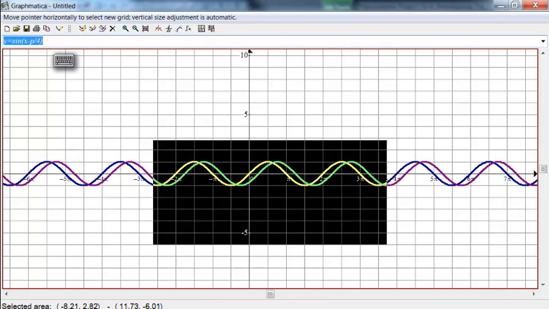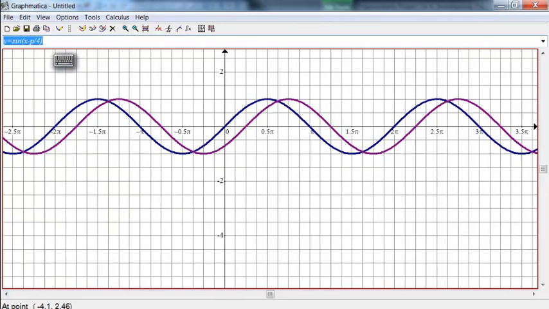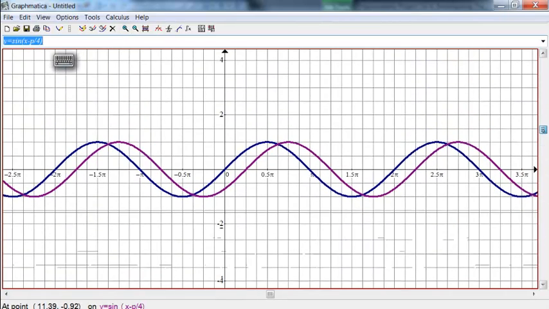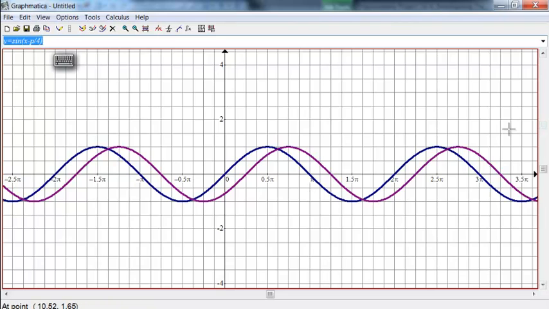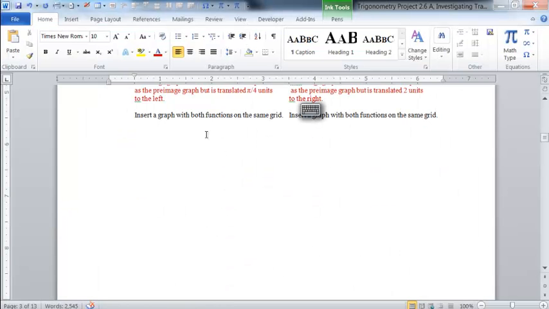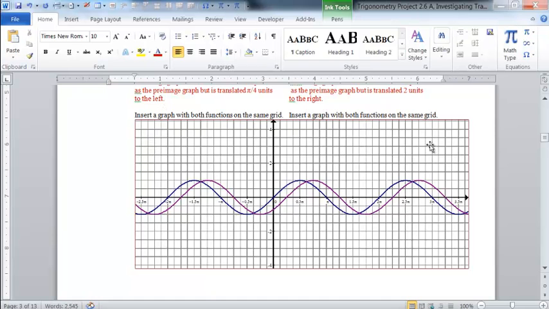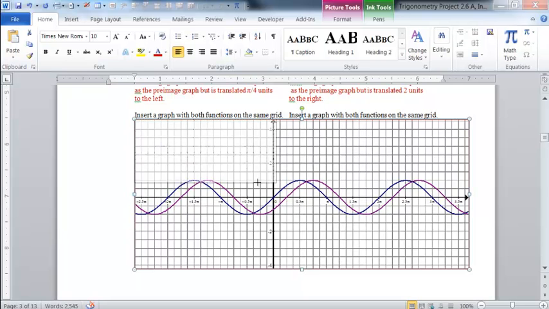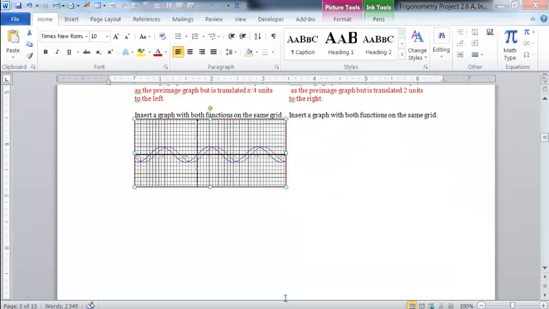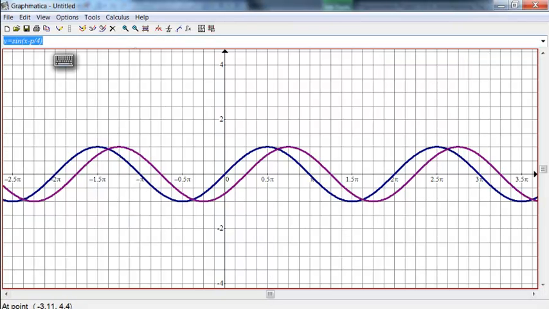Let's show at least a couple of periods here. And I could zoom in just a tad, get that towards the middle of my screen. Copy. Paste. Resize. Got it.